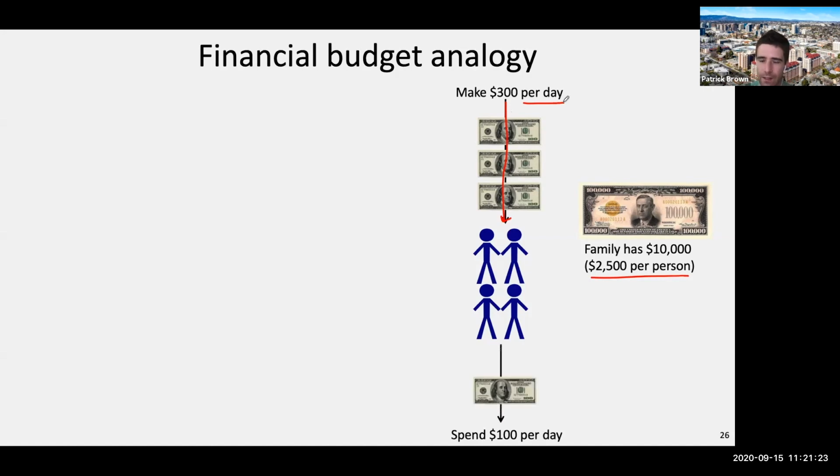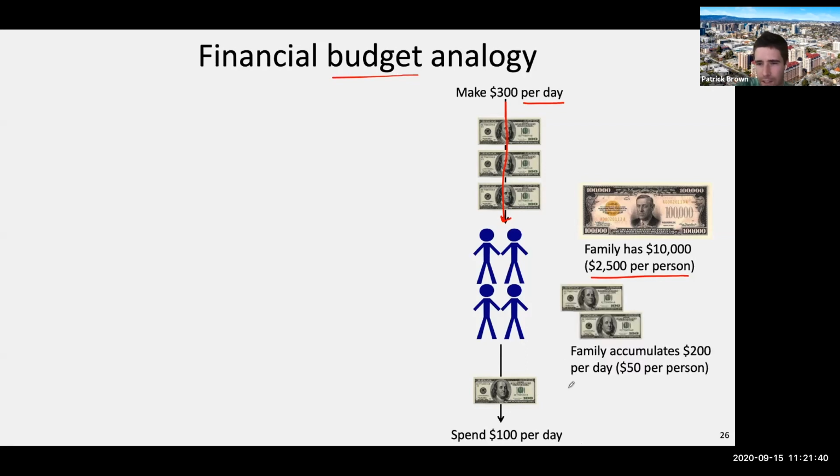And then they have some expenditure. Let's just say they spend $100 per day. So now we can see we have an imbalance in our budget where we are making more than we are losing. So that means our wealth increases by $200 per day or $50 per person.